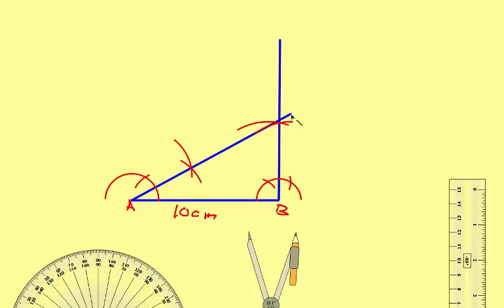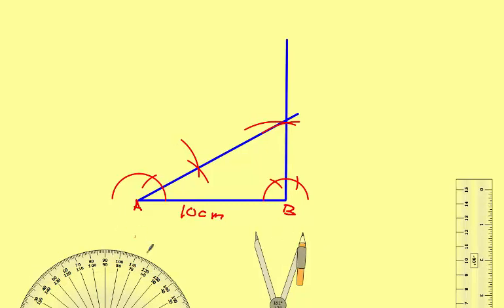So from here, I can simply say that I have my 30 degrees and this is my 90 degrees. Right. So that's the triangle ABC.